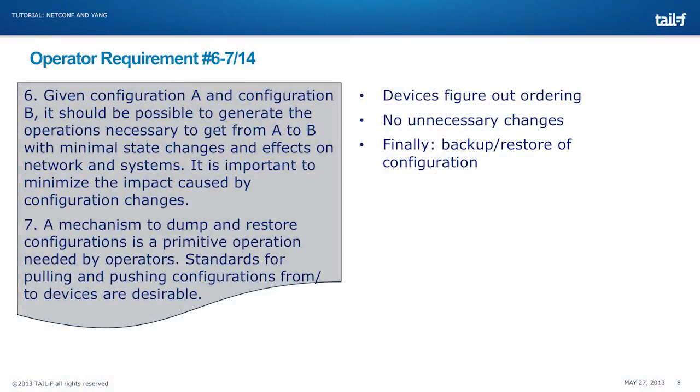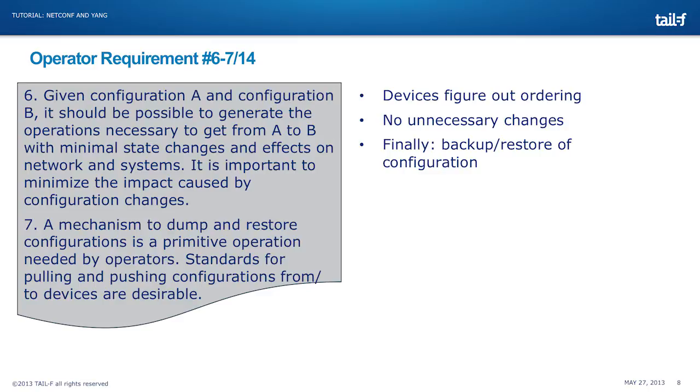Also, let's take advantage of devices getting smarter. We've gotten a lot more compute power and resources available now in embedded systems and network elements than we used to have. Oftentimes, getting a device from A to B in its configuration involved needing to know at the management station, grouping and ordering.